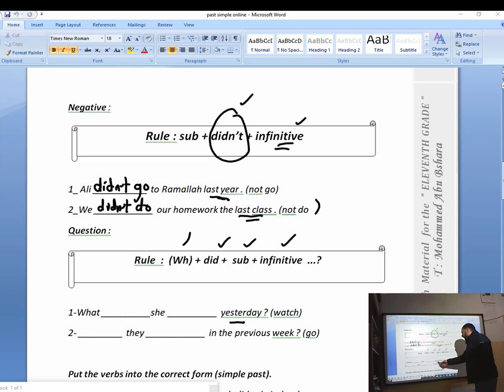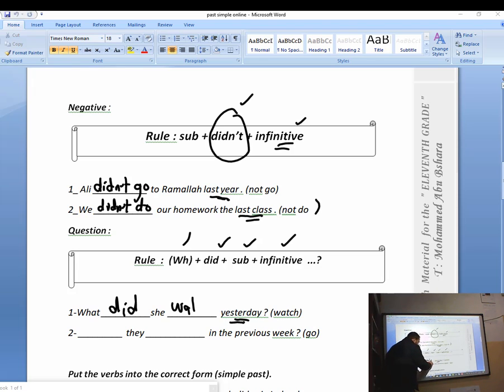Here I have a time in the past, so I should use the past simple. The past simple in the question, did plus infinitive. What did she watch? The infinitive as it is.